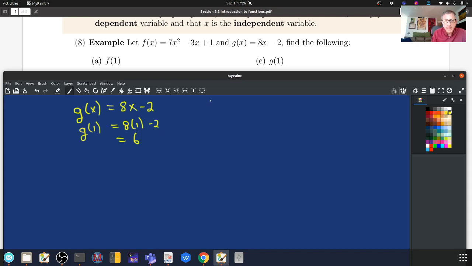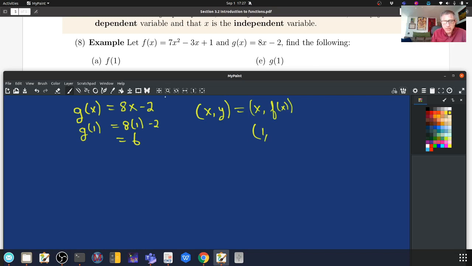So that means, let me start here. So that means the point x, y that's in the graph of this function is equal to x, f of x. So I'm given 1 is my x.